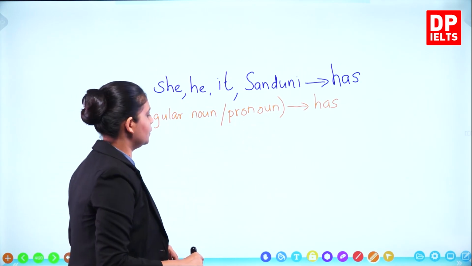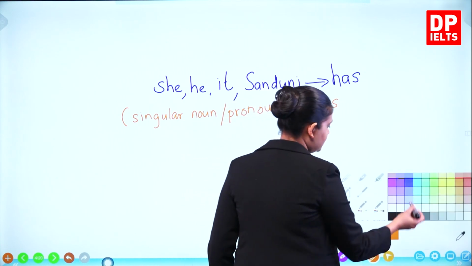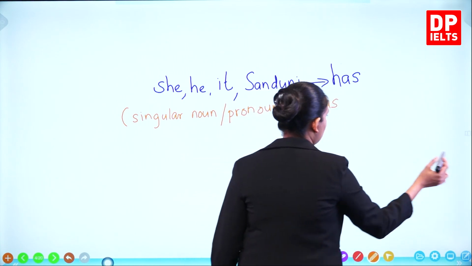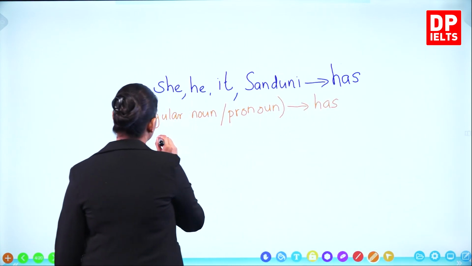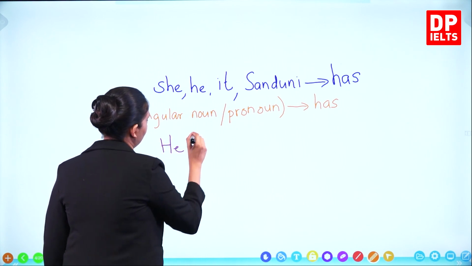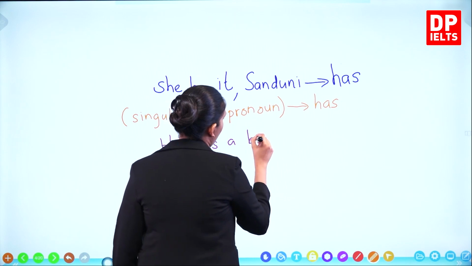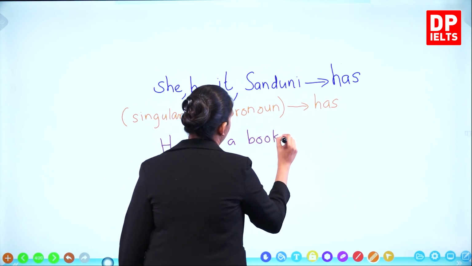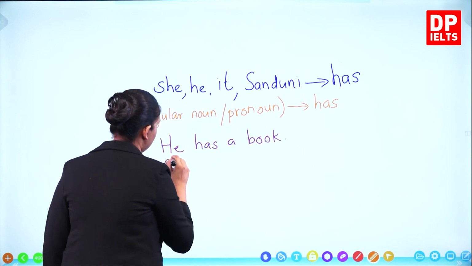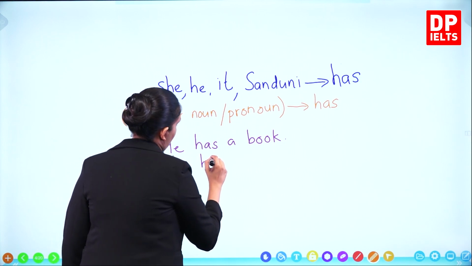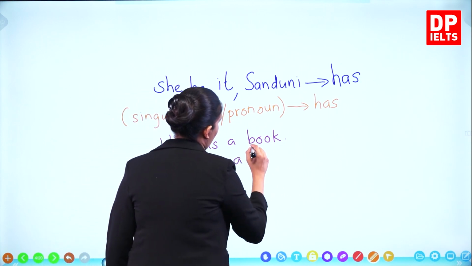So let us have a look at some of the examples using the structure, right? He has a book. She has a book.